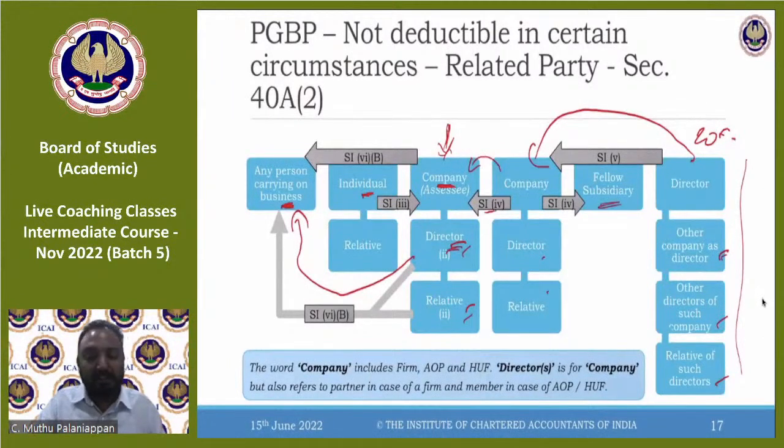So, if you wanted to understand from the angle of partnership firm, this company becomes a partnership firm. Moment this is a partnership firm, instead of director, this becomes a partner. So this applies to everyone. Wherever you want, you can replace company with partnership firm and director with partner. So that becomes another table by itself. But the point is, this is how they are directly, indirectly related. So that's what the relationship is about.